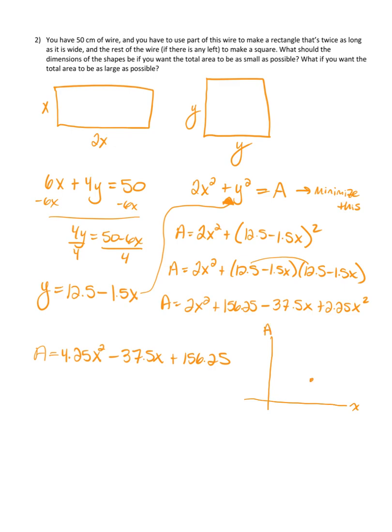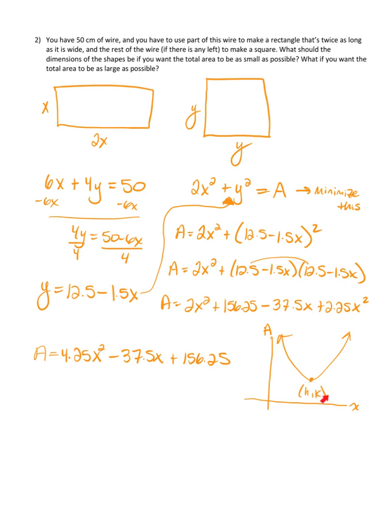So I've got a parabola that opens up like that. And this vertex, h comma k, the h is x, the length of one side of my rectangle, and the vertical axis is area, so k is an area.